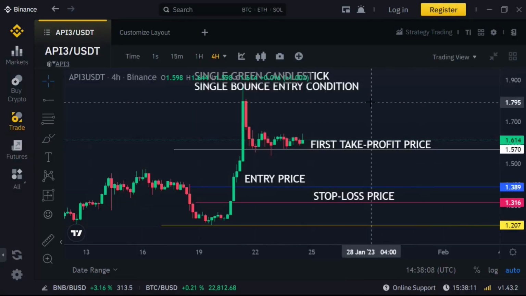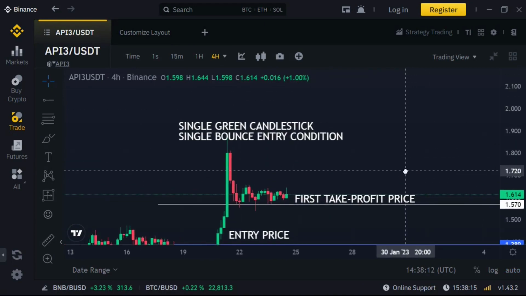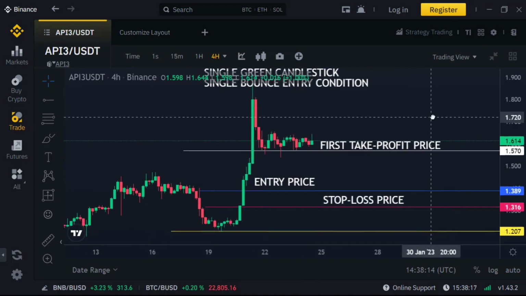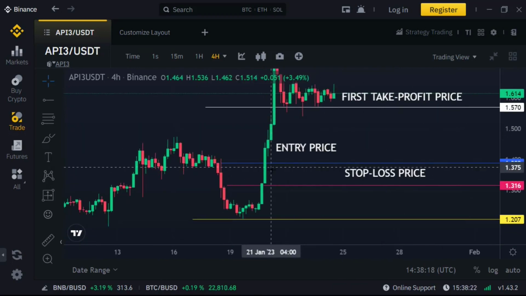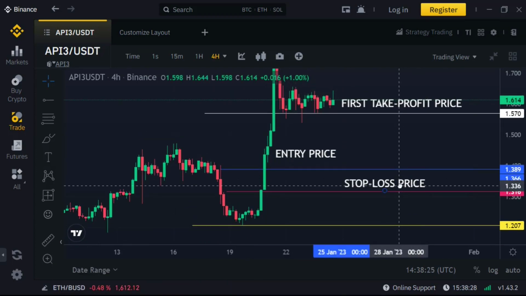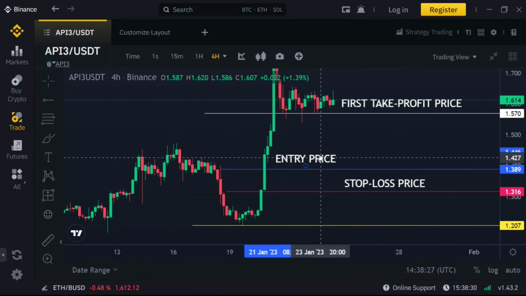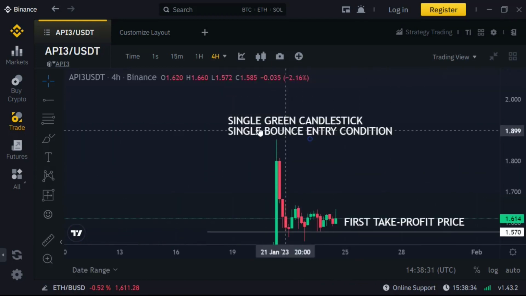The single green candlestick, single bounce entry condition is, of course, when the price action of any cryptocurrency pair bounces up from the lowest price of the green candlestick bullish trend starter to the 15% of the most current bearish trend section. The single green candlestick means that the price action of the cryptocurrency pair bounced up from the stop loss price to the entry price in one single green candlestick.